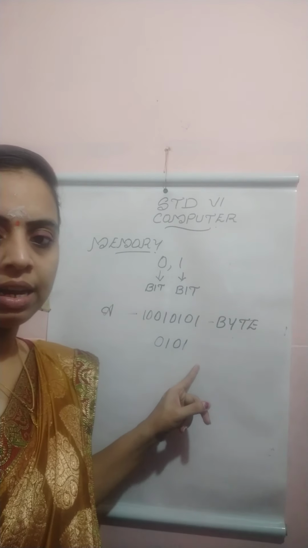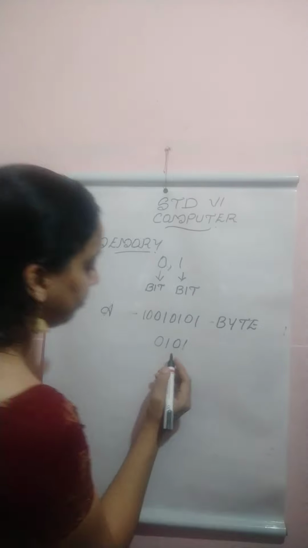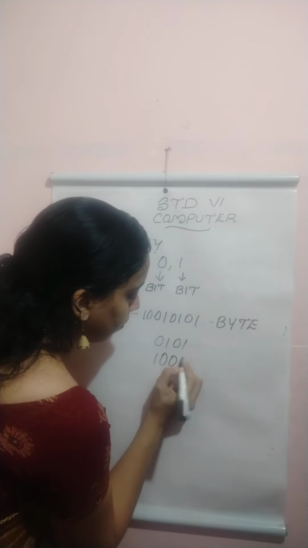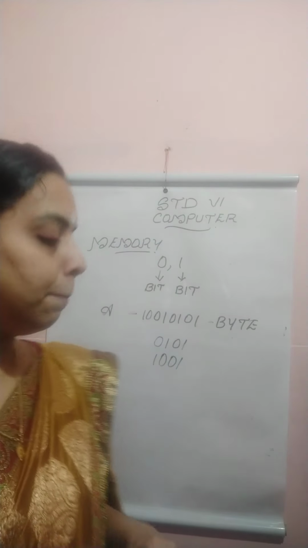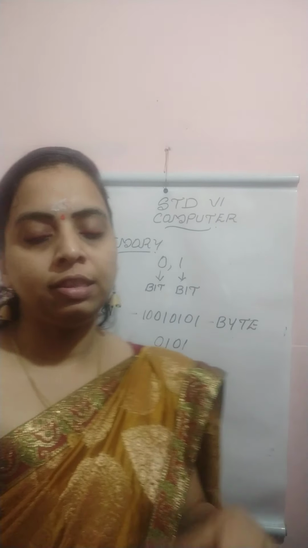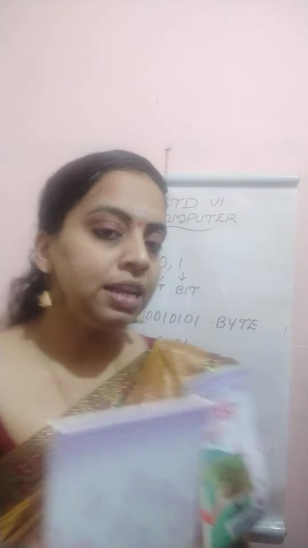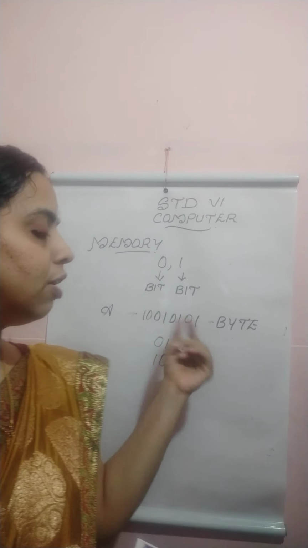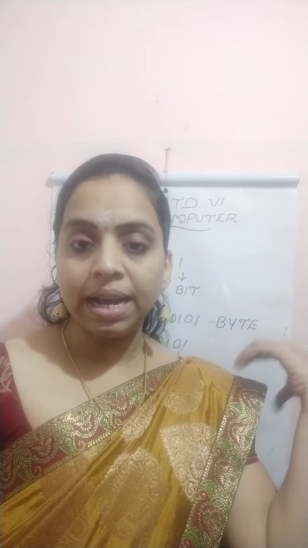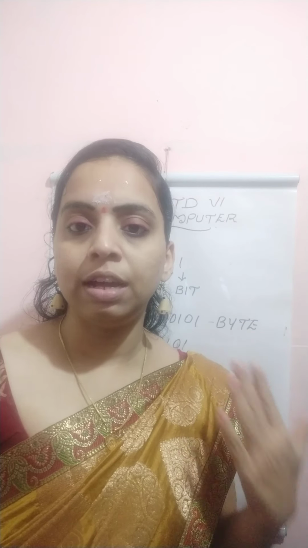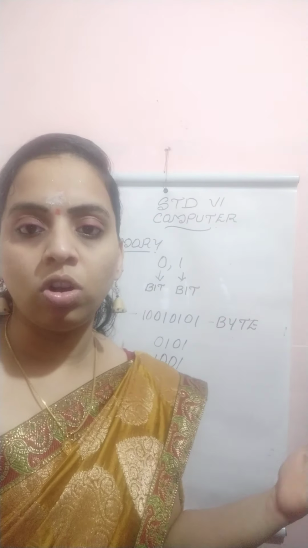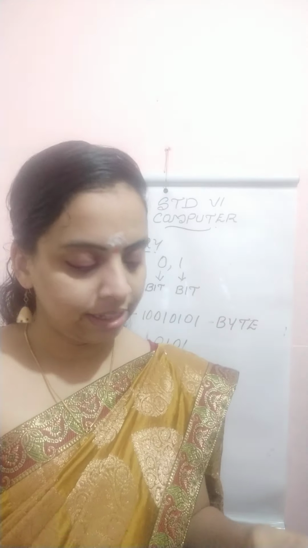Only 4 bits are there. You can combine in any way, like 1 0 0 1, in any way zeros and ones combined in 4 bits is known as a nibble. Next, byte. Byte I already told, a combination of 8 bits is known as a byte. That is a combination of zeros and ones in 8 bits, any order, is known as a byte.